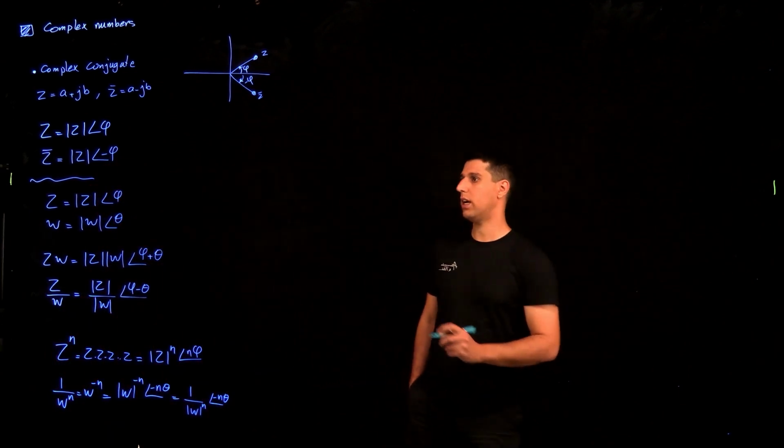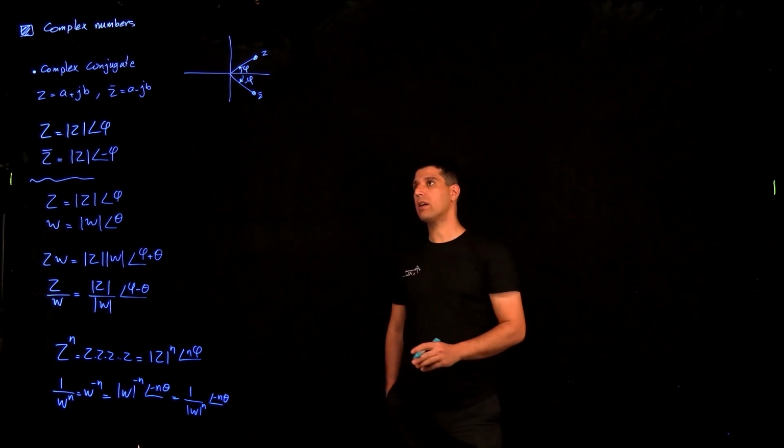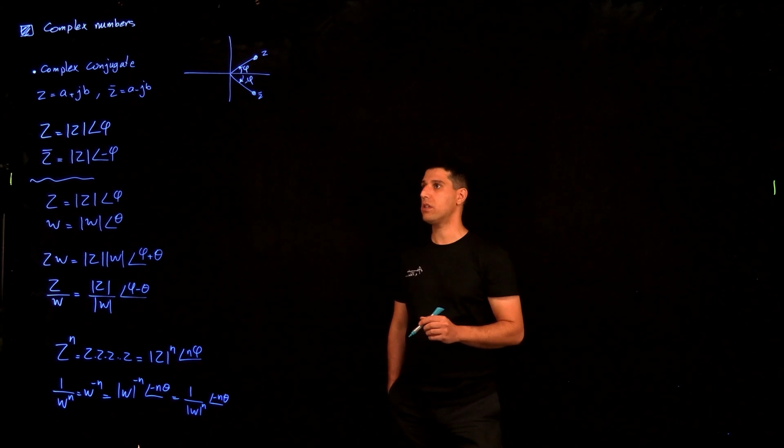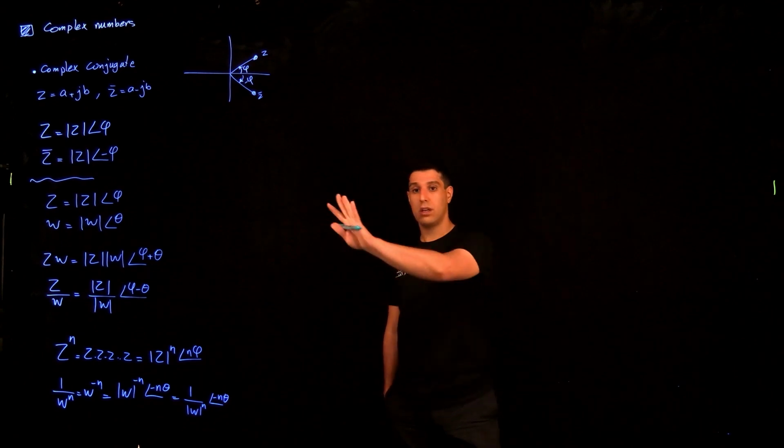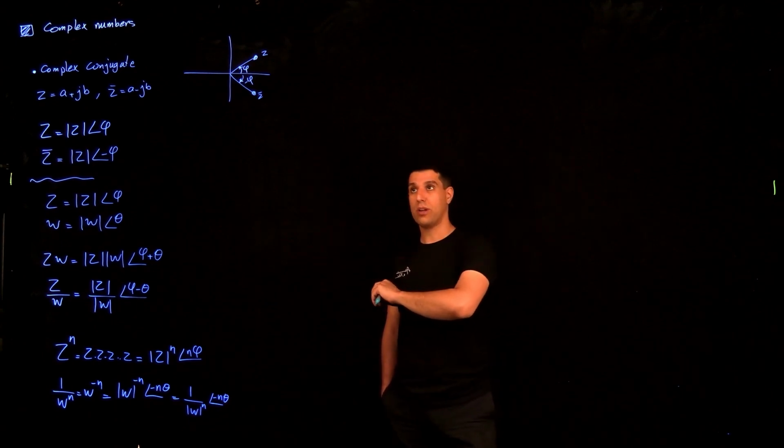So this norm and angle notation is extremely useful when we are dealing with multiplications of complex numbers, as we will see in the entire course. It's quite useful.